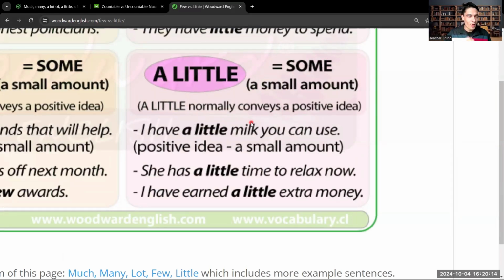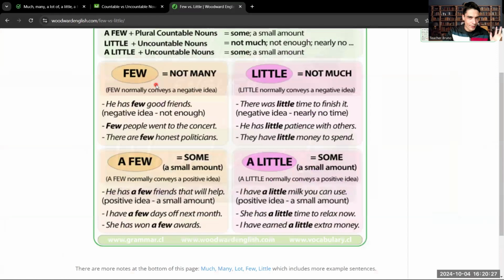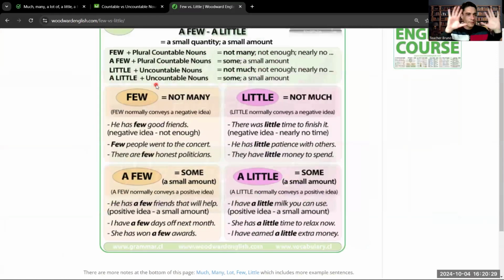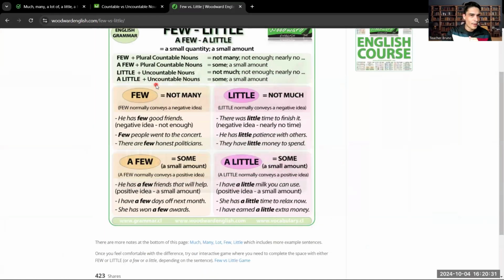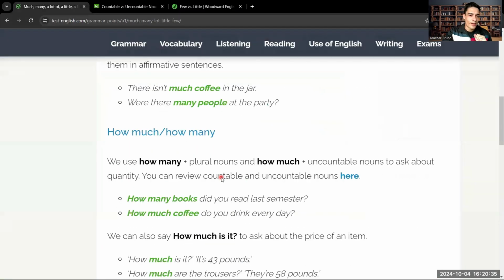Positive idea. She has a little time to relax now. Not very much, but that's enough. So we use the article, positive idea. No article, negative idea. And that's it for today's class about countables, uncountables, and quantifiers.